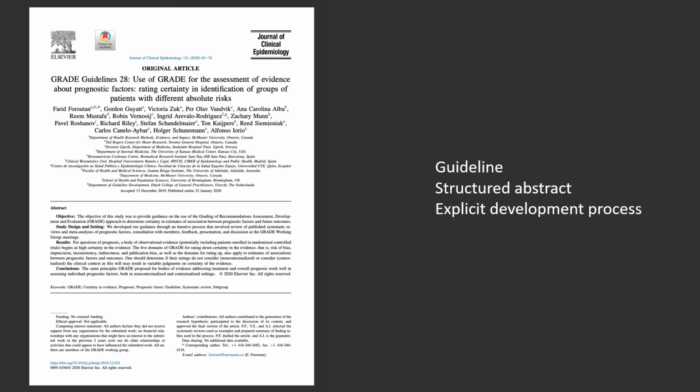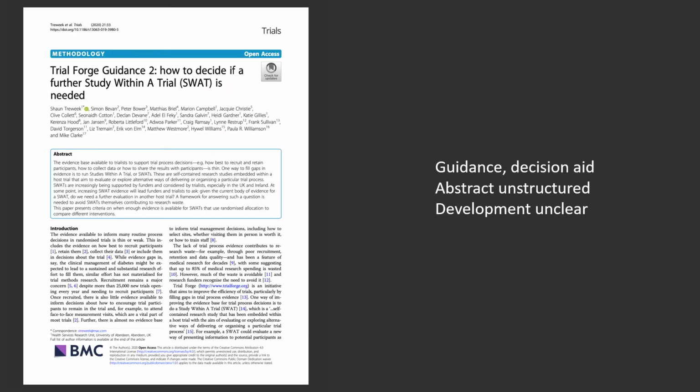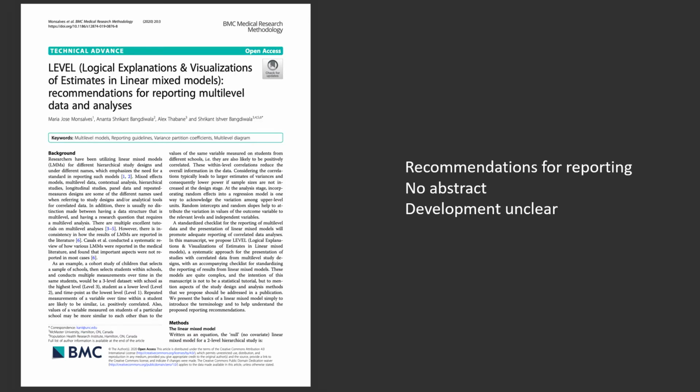This one is also called guidance, has a structured abstract and a specific methods section that reports on the development process. This methods guidance has the character of a decision aid, has a brief and unstructured abstract, and the development process is not reported. In this example, the authors labeled it recommendations for reporting. This time the abstract is missing altogether and the development process is not reported.